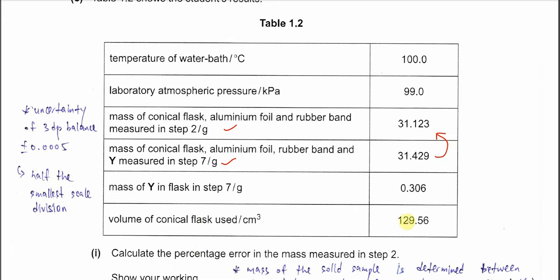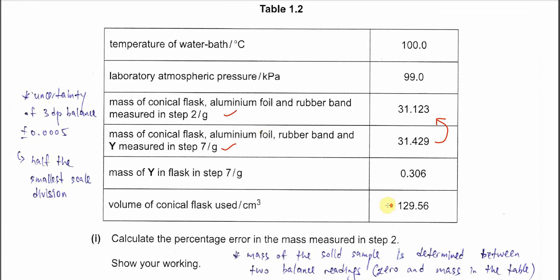Okay, so this volume is already mentioned in the step. Though there is one part that you must be careful about, because this mass reading is to 3 decimal places. 3 decimal places means the uncertainty will be 0.0005, because the minimum value is actually 0.001.